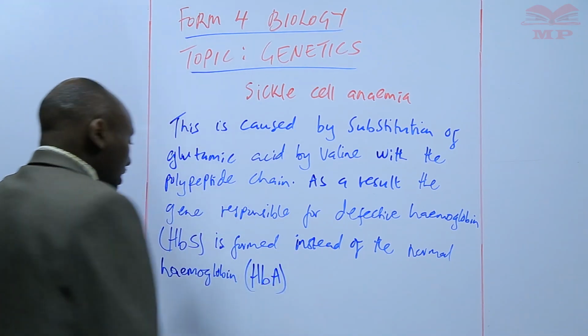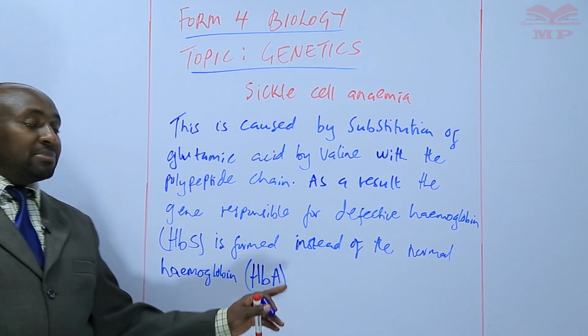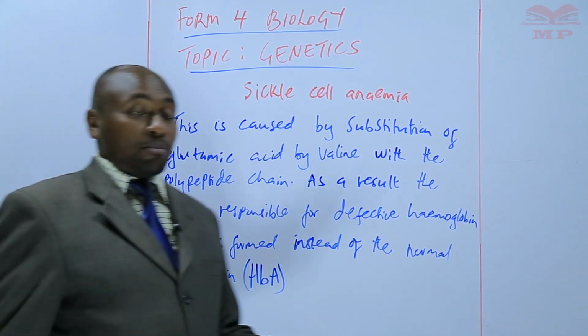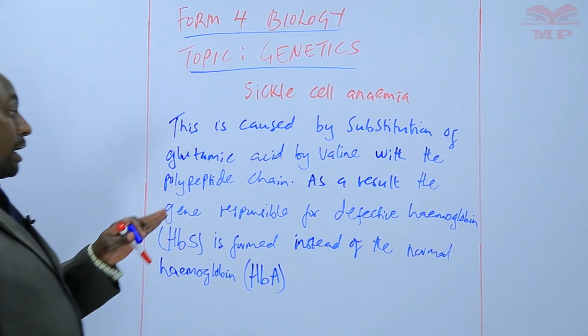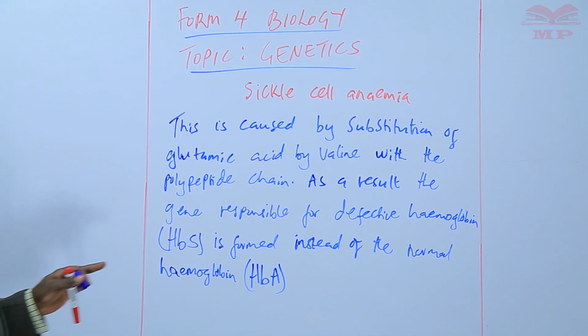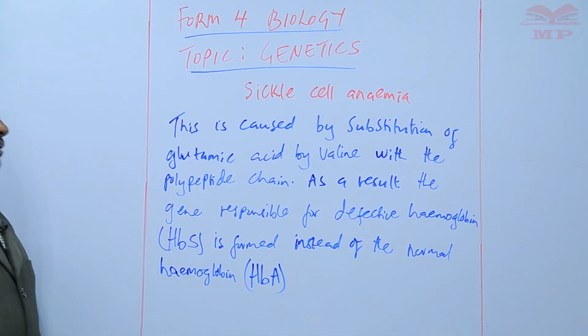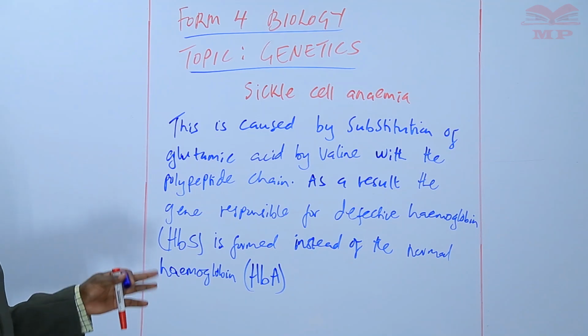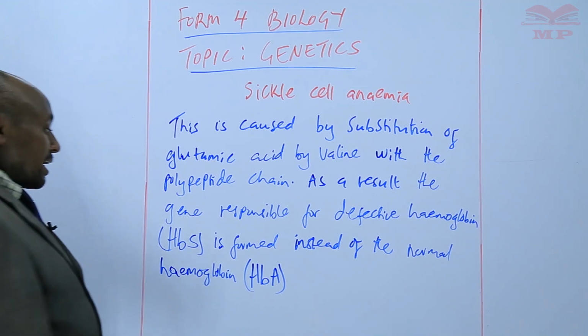So HbA is hemoglobin type A, which is the normal one for normal oxygen transportation. But hemoglobin type S is the one that results in the formation of sickle cell anemia.